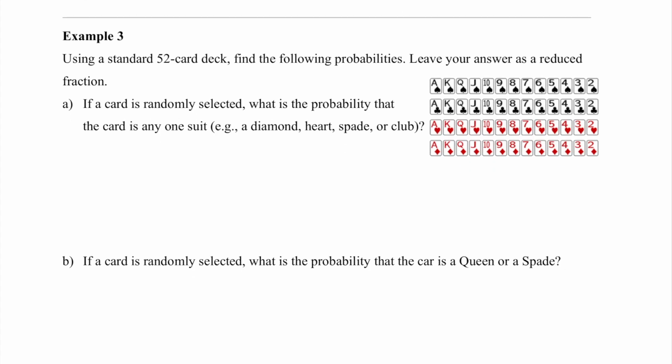Let's start with example 3. Question A. If a card is randomly selected, what is the probability that the card belongs to a particular suit? A standard deck of cards contains 52 cards, and there are 4 suits. Each suit contains 13 cards. Therefore, the probability that the card belongs to a particular suit is 13 out of 52.